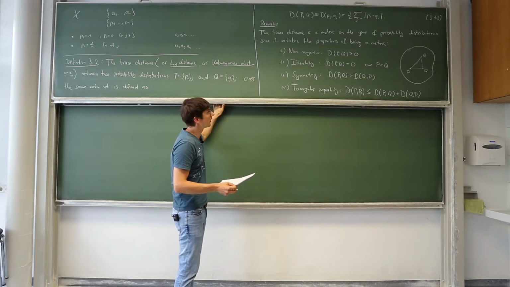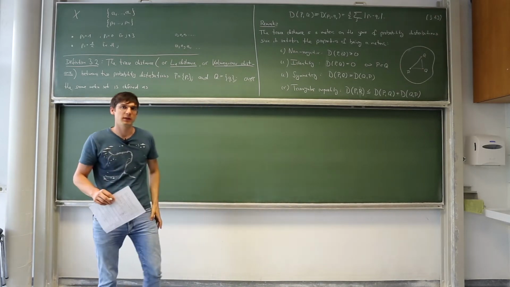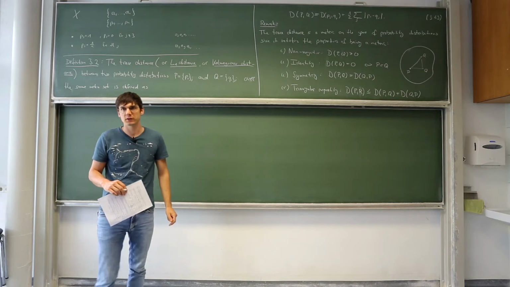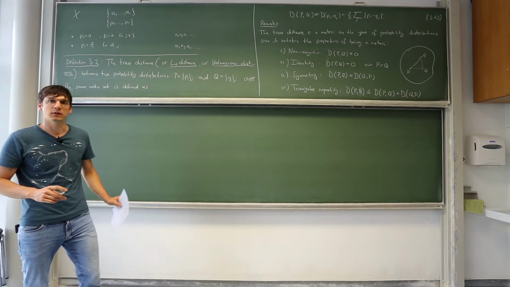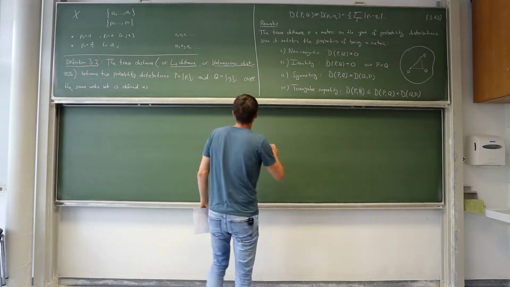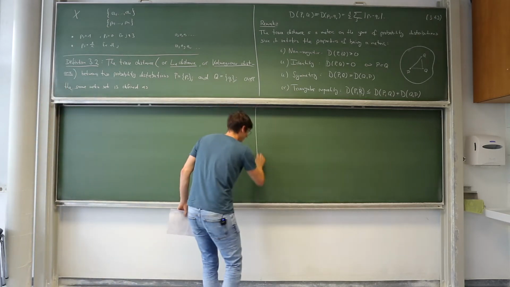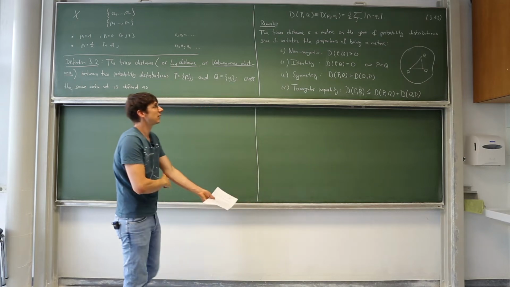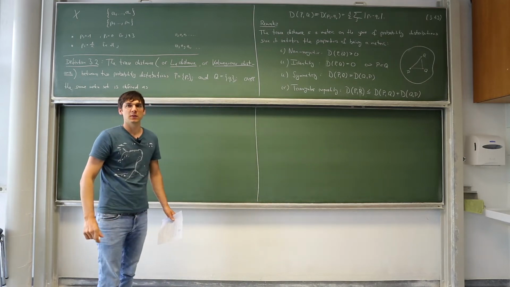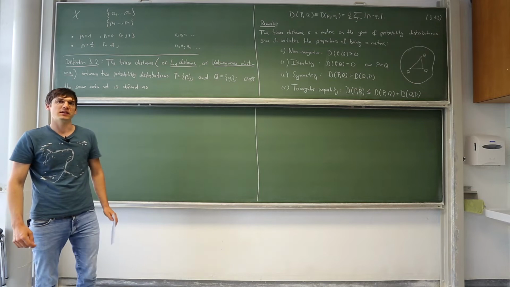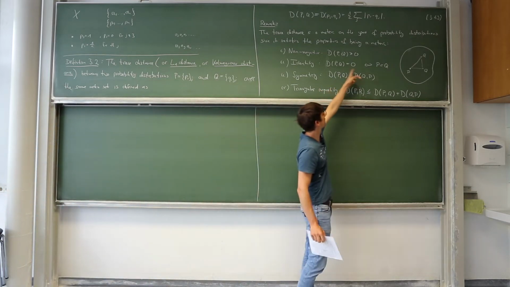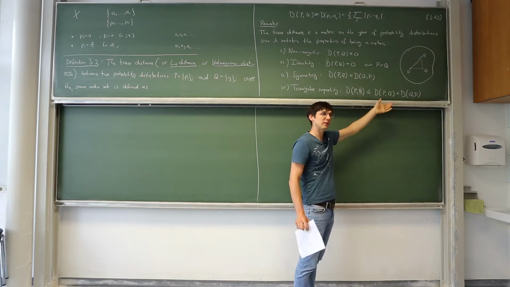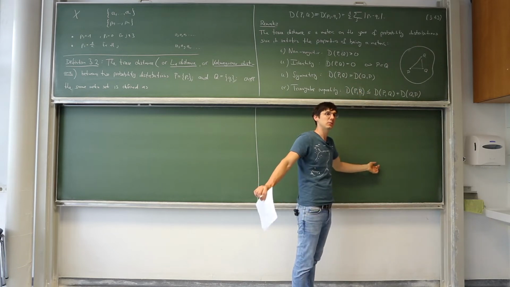So this is now the first measure between classical probability distributions that I wanted to introduce. And I also would like to introduce a second one, which is the so-called fidelity. As you will see in a second, the fidelity is actually not a distance measure, but instead a similarity measure. The distance measure is 0 if and only if they're equal, and it's maximal if they're as far apart as possible.